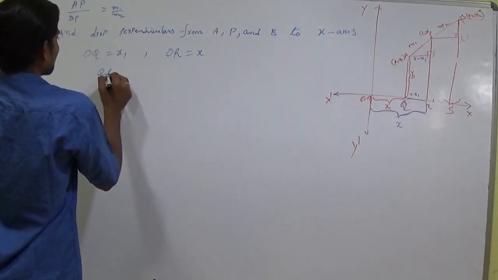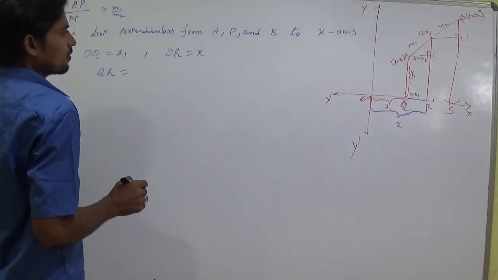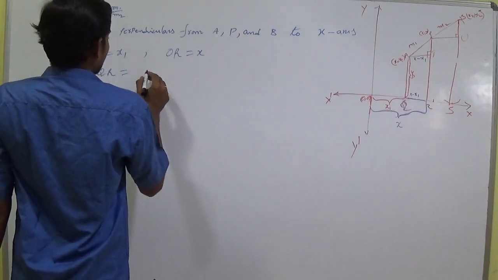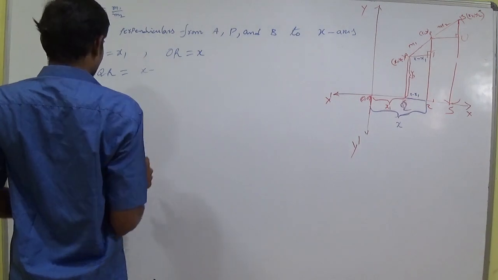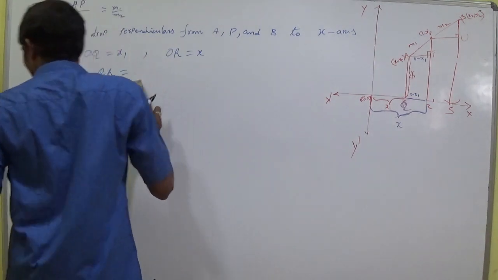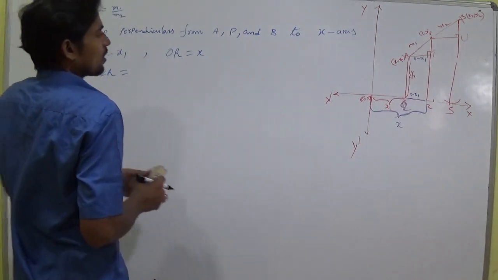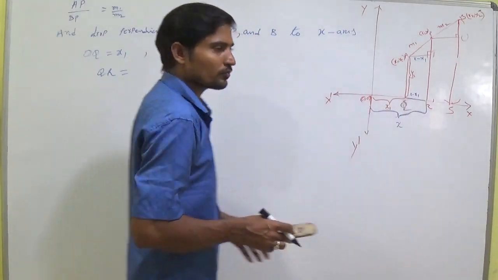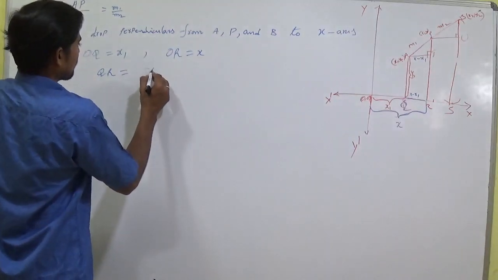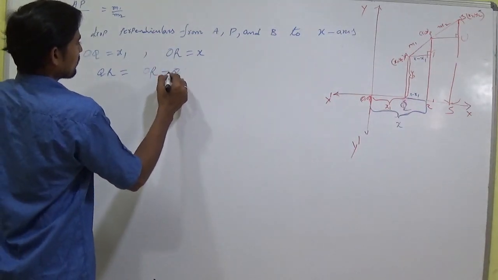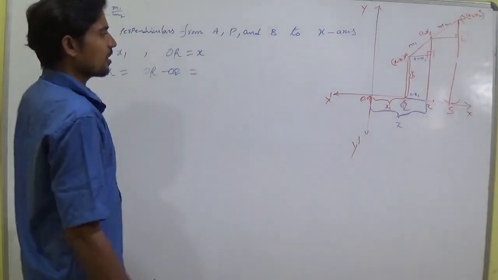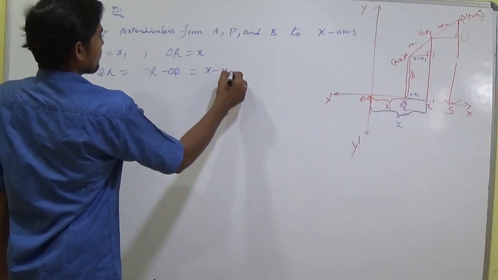I want QR, so QR equals OR minus OQ, which is x minus x1.